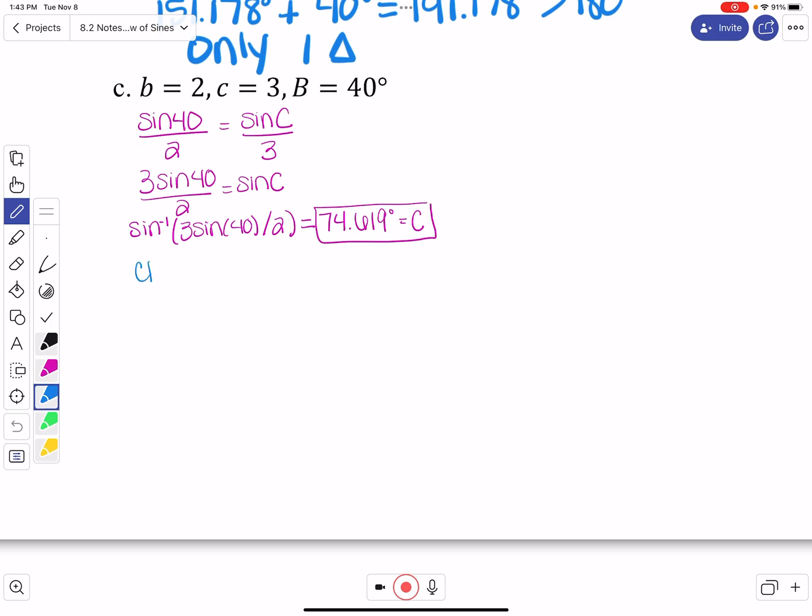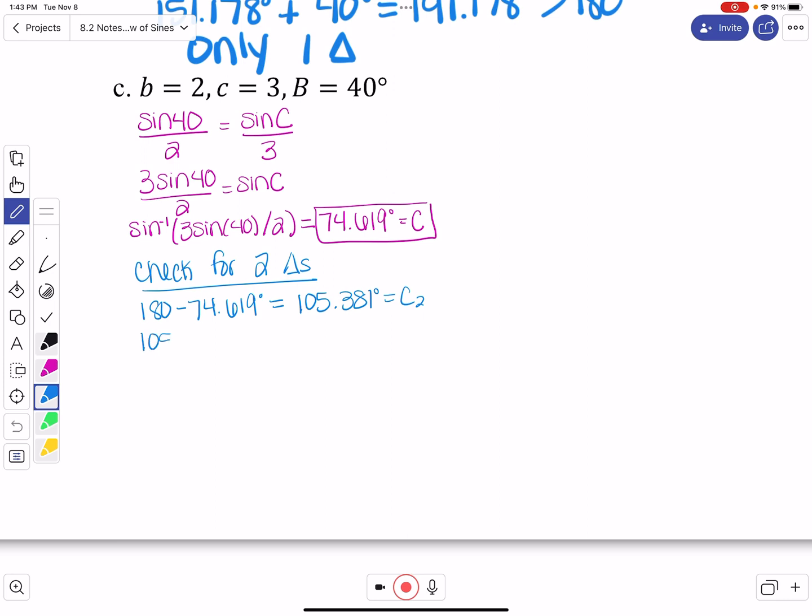Now, if I check for 2 triangles, we'll do 180 minus 74.619. We get 105.381 degrees. So I'm going to go ahead and label it as C2.